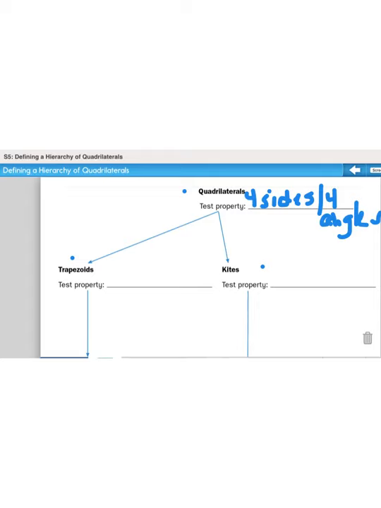So what property can you use to test whether a quadrilateral is a trapezoid? It has to have at least one pair of parallel sides. So write that on our test property line for trapezoids. So we're going to write at least one pair of parallel sides.